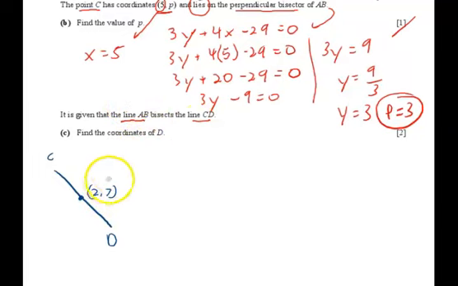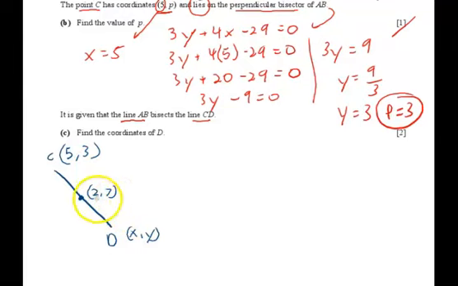So here the C has a value of 5 and 3. P is 3. Now we have to find the D, X and Y. So we can use this midpoint method to find the value X and Y.